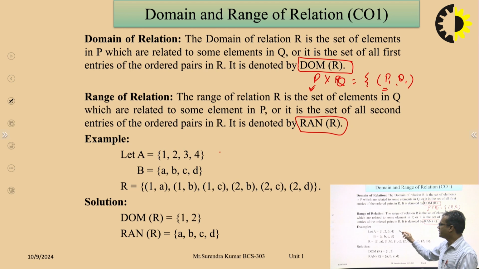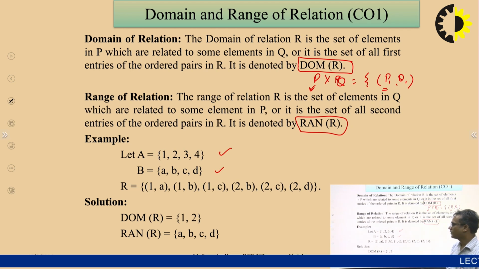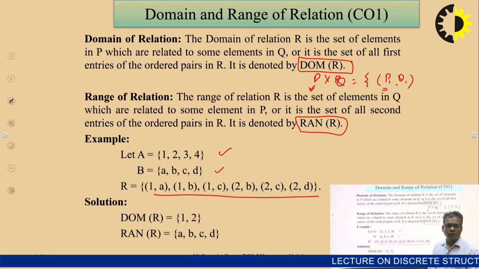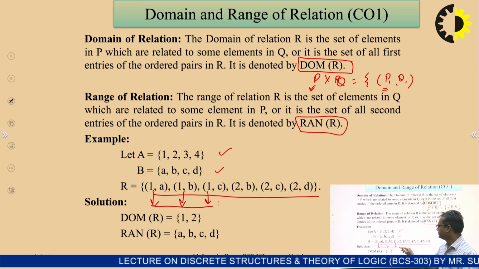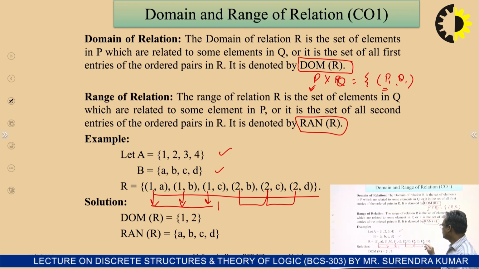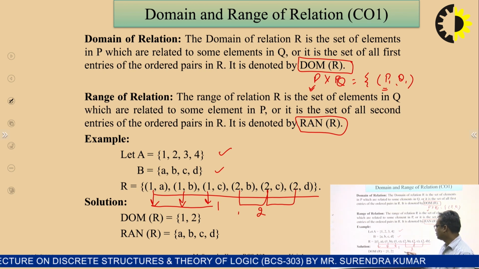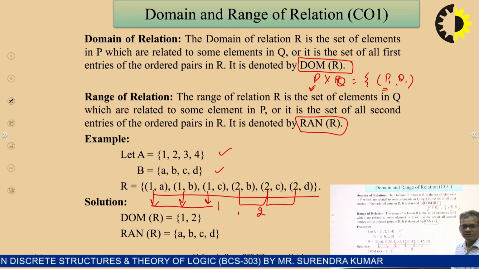We have 2 sets A and B, and the given relation is this one. If we try to find the domain of the given relation, then we will see the first element. It is again 1, it is again 1. So these are 1, 2, 2, 2. So we have only 2 elements in the domain, 1 and 2.